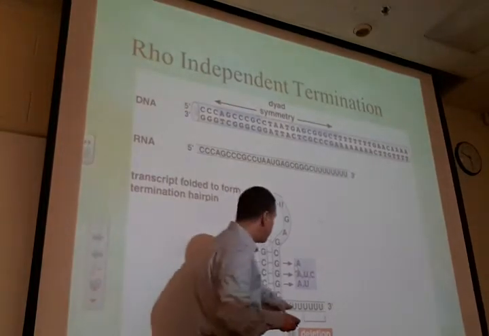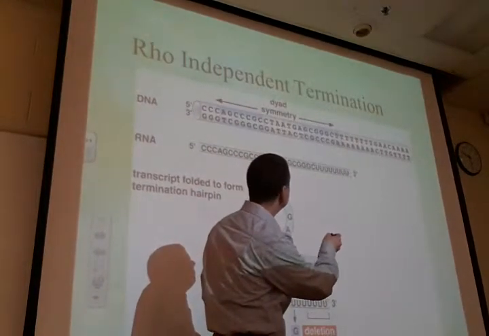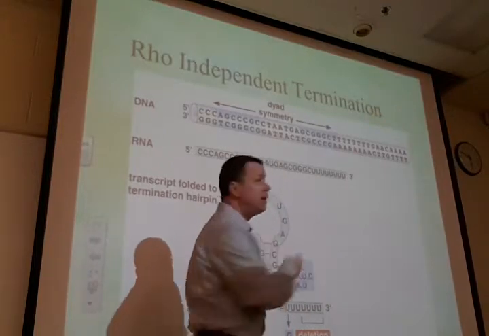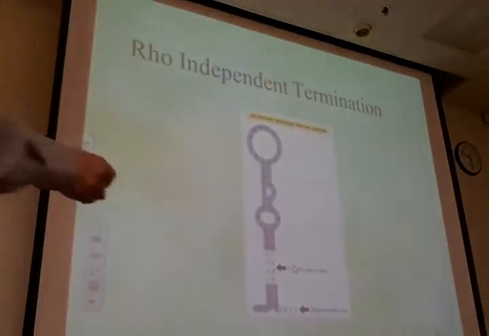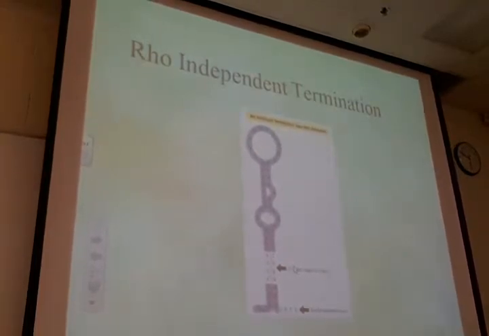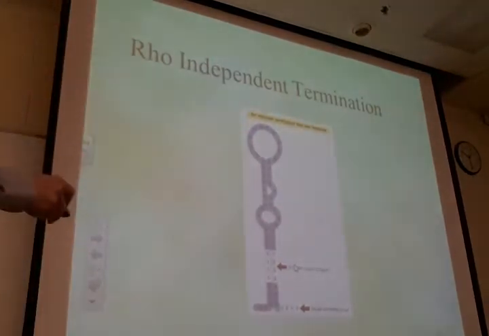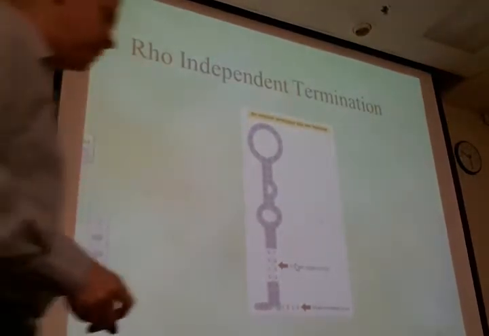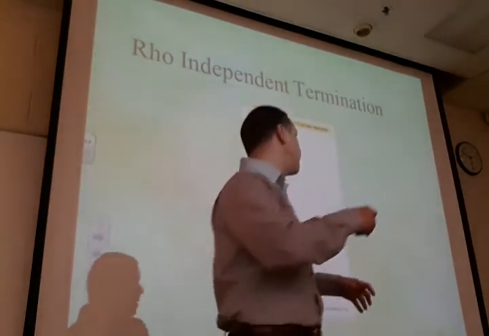And then you have a stretch of U's in the RNA attached to that stretch of A's in the gene. Here's another picture of the hairpin. They're sometimes a little bit bigger, sometimes smaller, but there's always some kind of hairpin involved, followed by a stretch of U's in the RNA attached to a stretch of A's on the DNA.